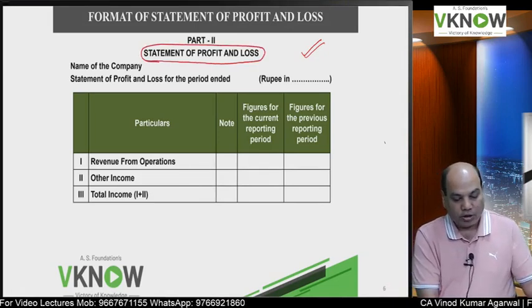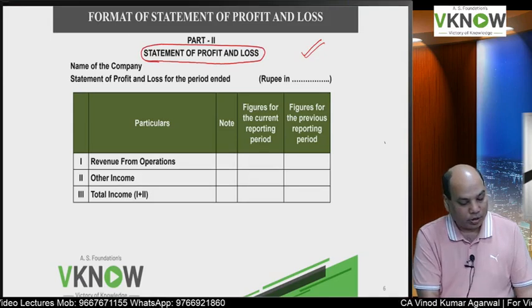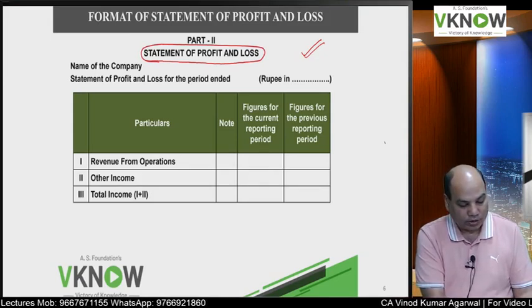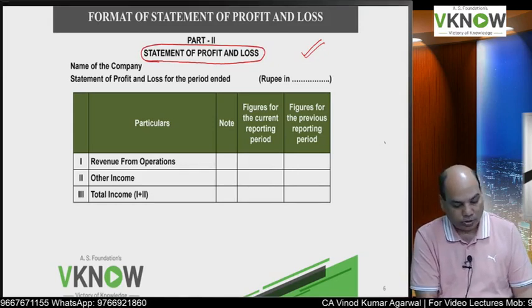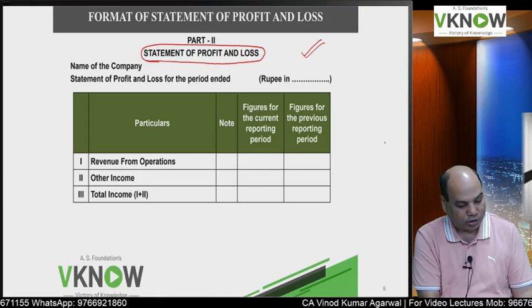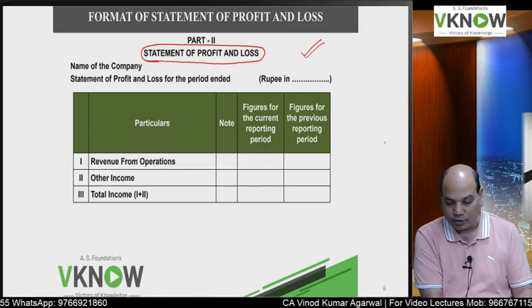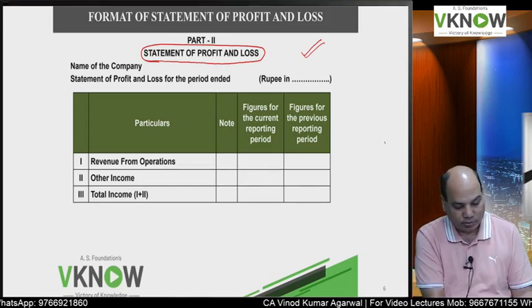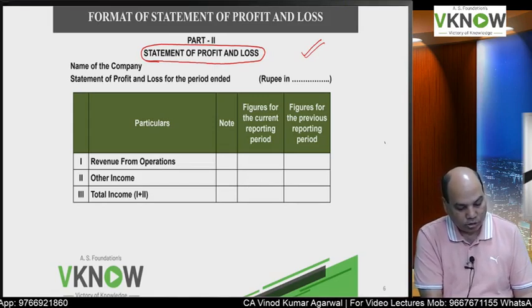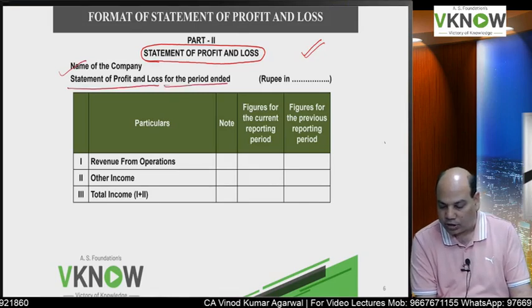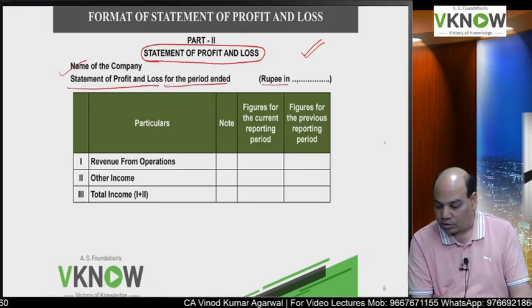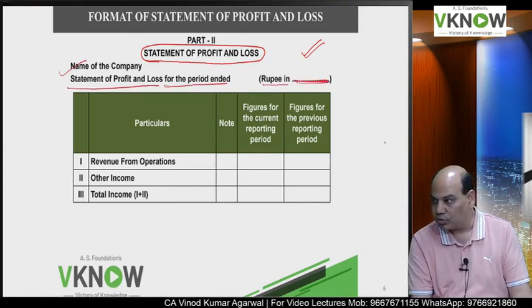In IFRS they call it statement of comprehensive income, but Companies Act uses the terminology statement of profit and loss. Then you write the name of the company, statement of profit and loss for the year ended, and rupees in thousand or in lakhs or in million.